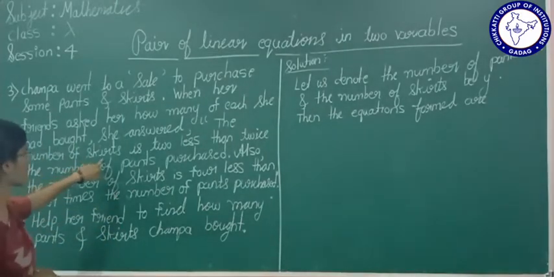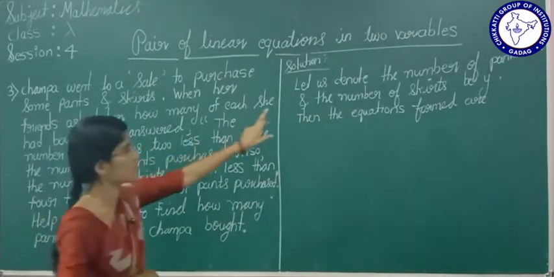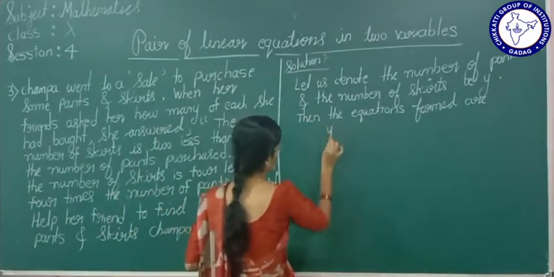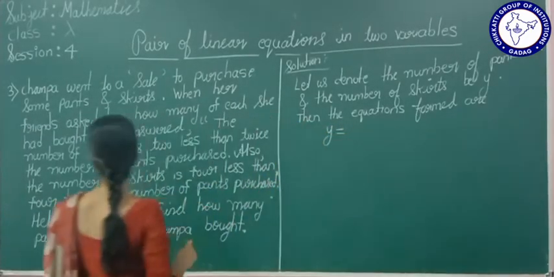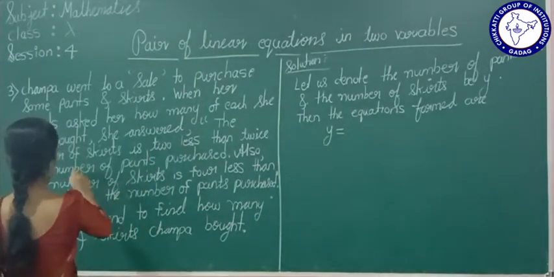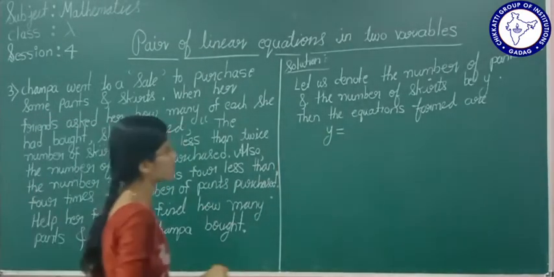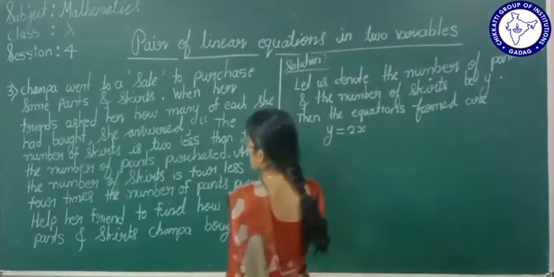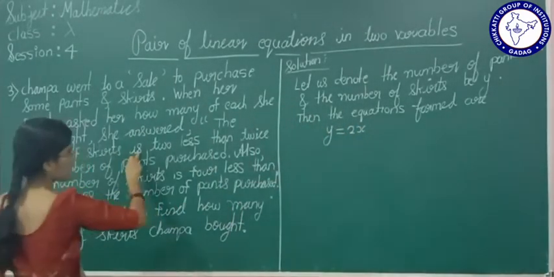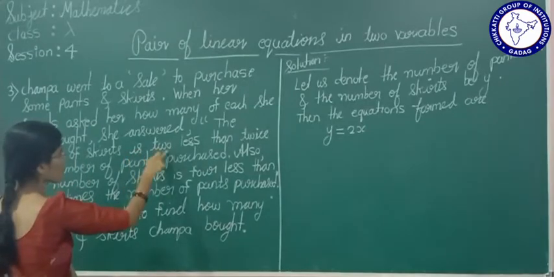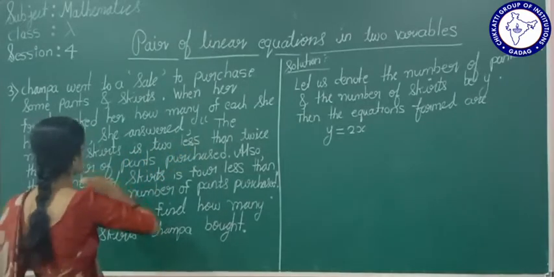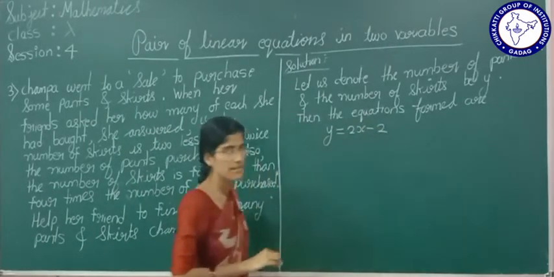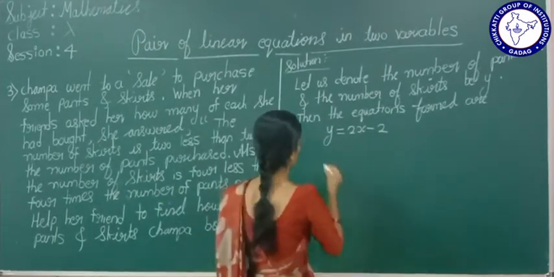The number of skirts, which we have denoted by y, is 2 less than twice the number of pants. Twice the number of pants means 2x. So the number of skirts is 2 less than twice the number of pants. This is one equation.